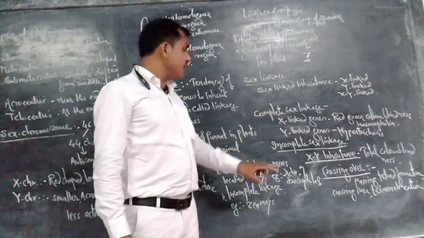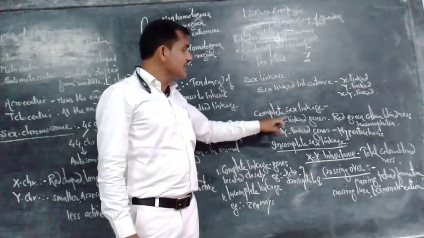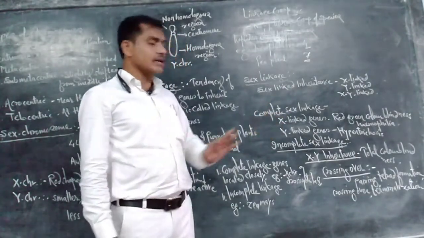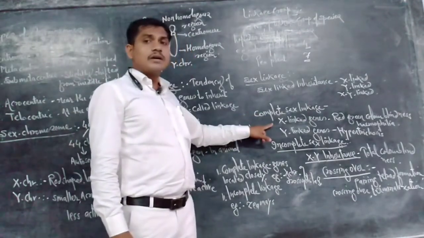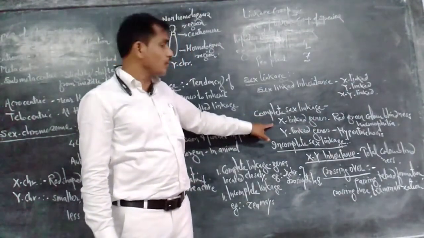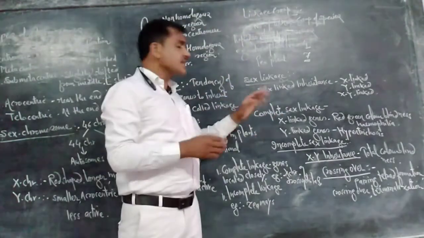Sex linkage is of two types: complete sex linkage and incomplete sex linkage. In complete sex linkage, X linked genes and Y linked genes are involved.